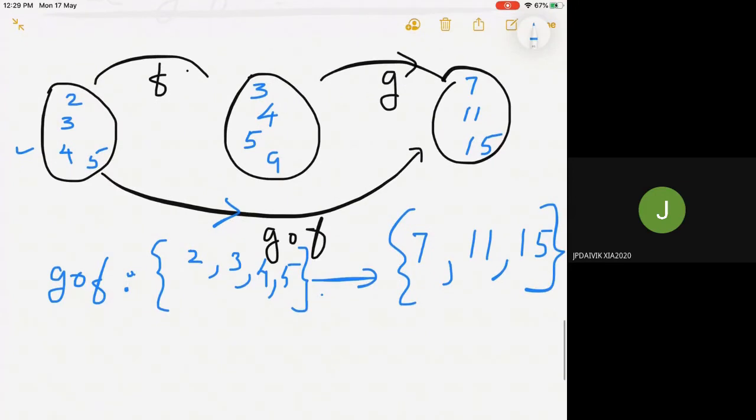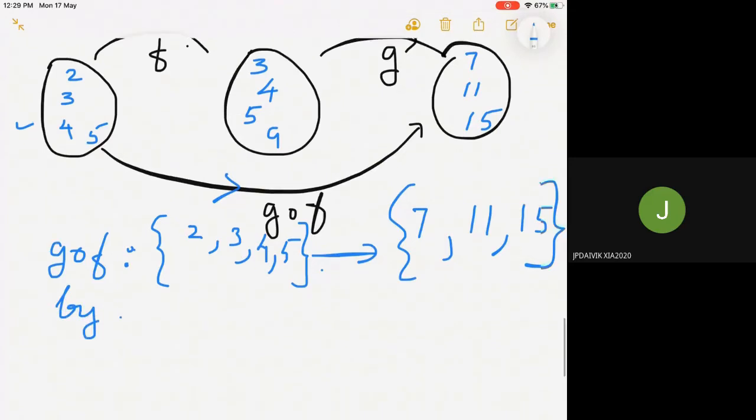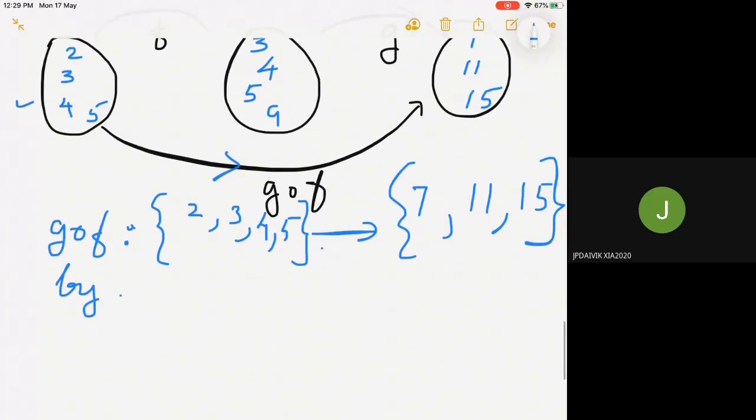And now the second part means what you have to say. The second part of any function is you are talking about the images. So images means first of all you have to find the image of 2. So that is g dot f of 2.